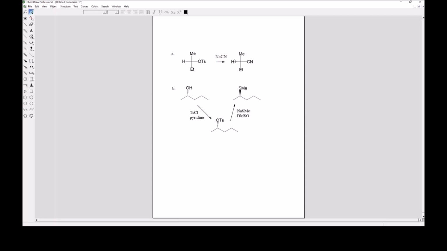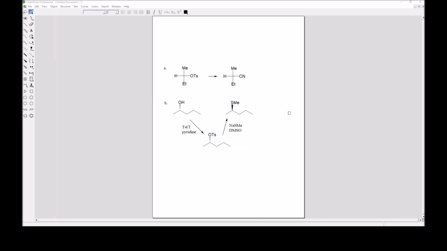The cyanide would be over here on the left-hand side and the hydrogen would be on the right-hand side. So that wouldn't work. So what would work? Well, instead, what would work is if you first took off the tosylate and temporarily replaced it with some other leaving group.